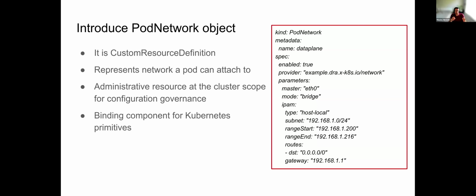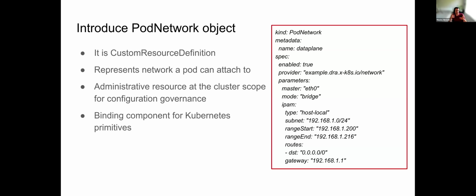So the pod network object represents the network a pod can attach to. The network aspect can mean a lot, but basically this is the interface, right? So you attach it to the pod. We want to have a representation of what is what. Then this becomes an administrative resource at cluster scope to keep the configuration governance.